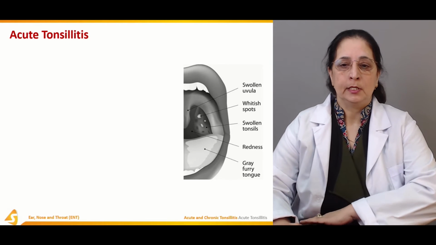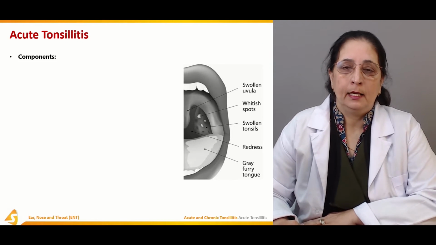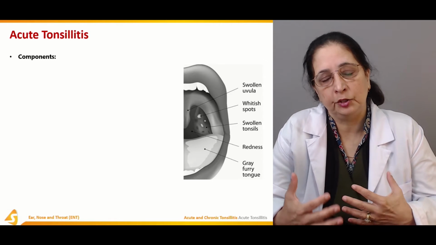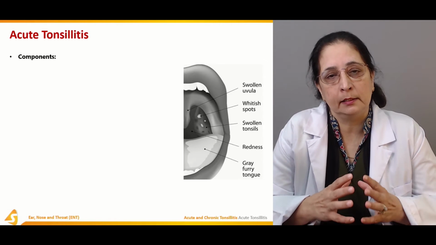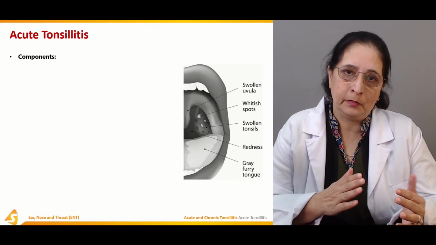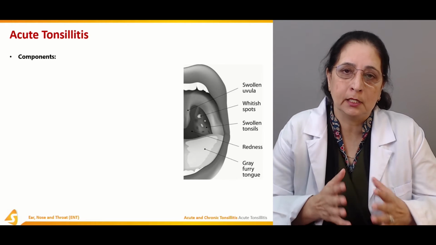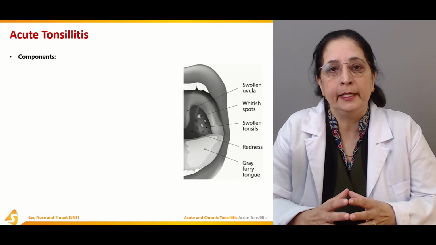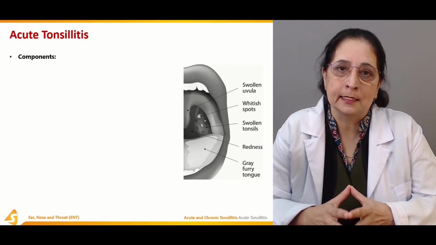So acute tonsillitis, as I keep on mentioning again and again during my lectures, acute is the disease that is for short duration. So that is present for the short term. And tonsillitis is the inflammation of the tonsils.